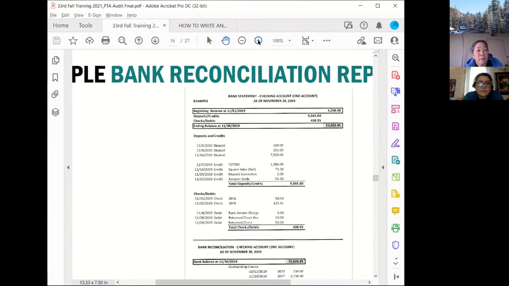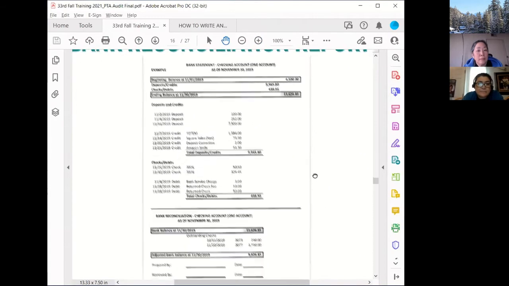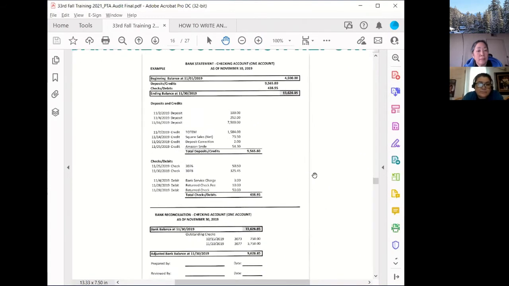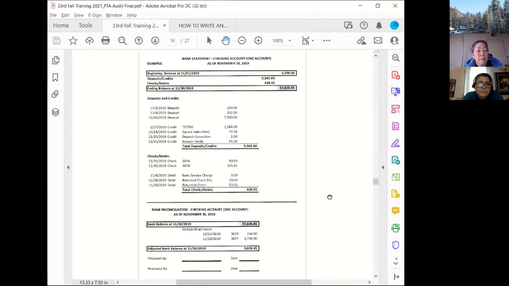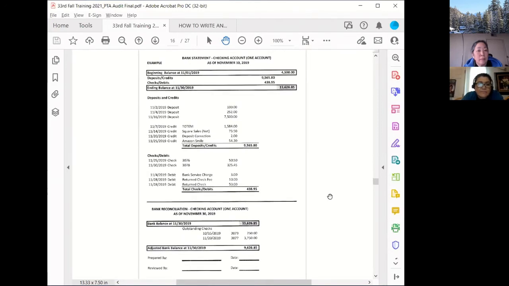You have your beginning balance, how much your deposits are in and out, and then you break it down again. You put your bank statement balance on it, and you do anything outstanding, and you've completed it. So this balance should match your treasury report every single month. It's really just another version of a treasury report.